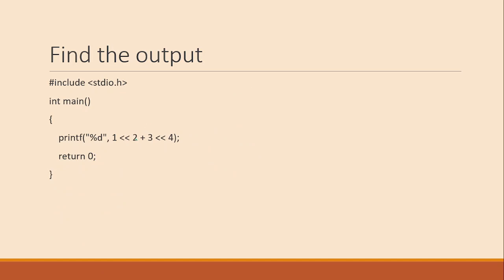Now this is very crucial. We have the left shift operator, the right shift operator and the addition operator. Which will get evaluated first? This 2 plus 3 will get evaluated first. So 1 less than or equal to 2 plus 3 becomes 1 less than 5, less than 4.